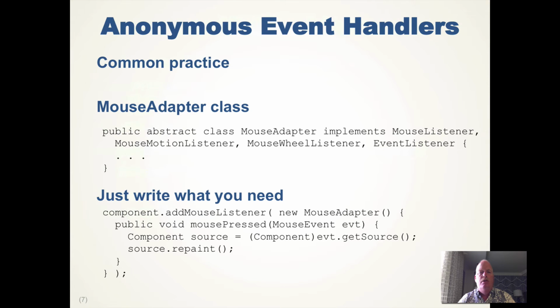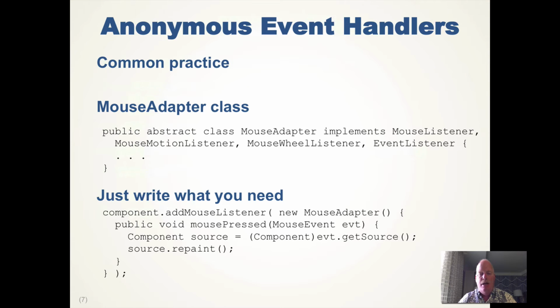There are also anonymous event handlers. We talked about this last time. It was done a lot in Java programming because you just implement the things that you need. There's a MouseAdapter class in Java that implements all the listeners for the mouse.